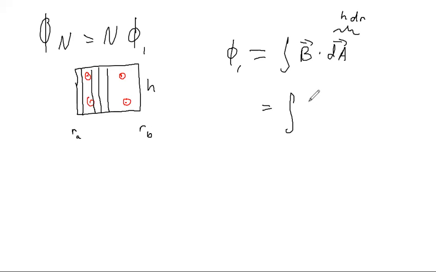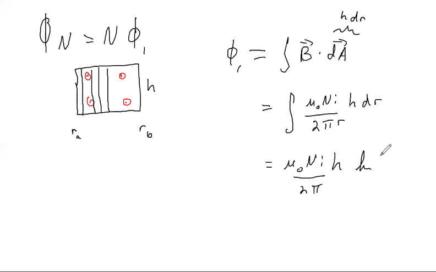So that is the integral of mu naught N I over 2 pi r times h dr. This equals mu naught N I, where N is the number of turns, divided by 2 pi, times h times the log of R_B over R_A. Very good.